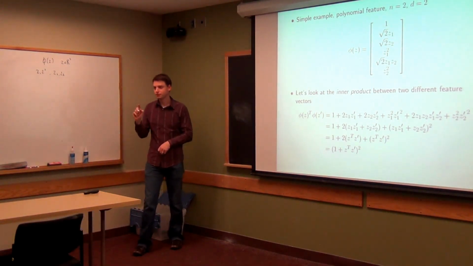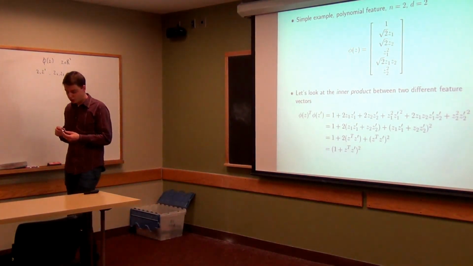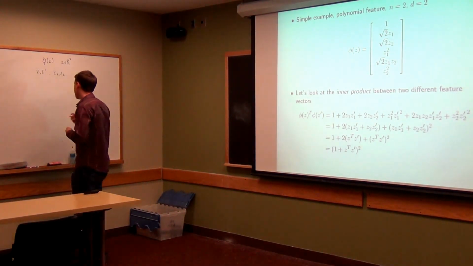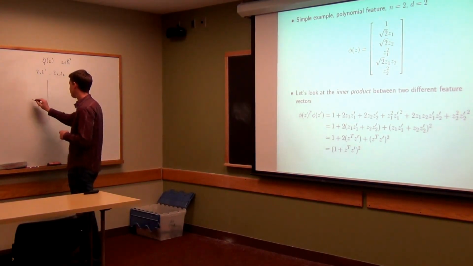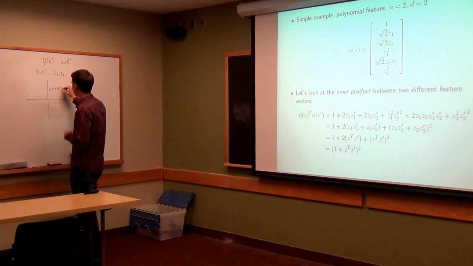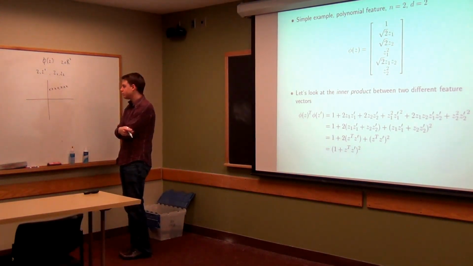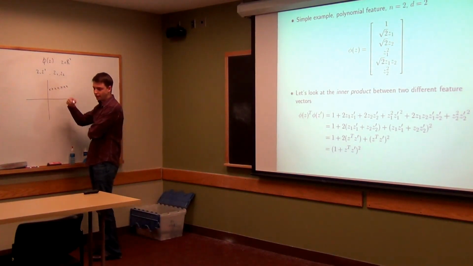Why does the feature vector need a constant term again? Oh, so right, that's a great question. So let's talk about linear regression again, right? And we have some data like this. So our feature vector is just the data and then a constant term in this case.